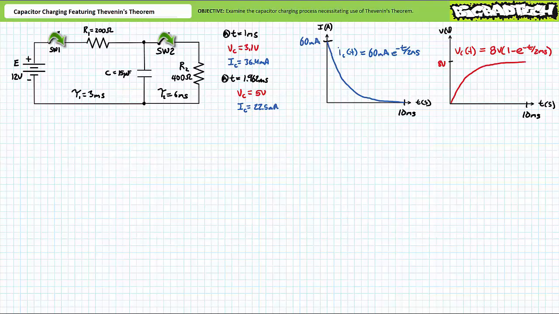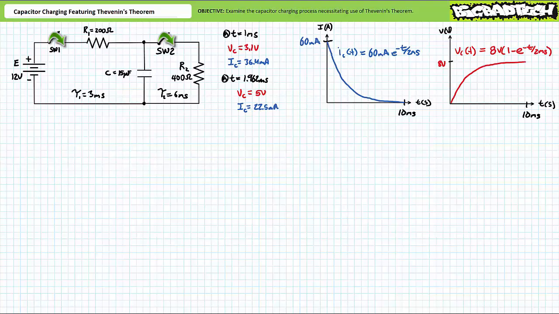Notably, at t equals 0, the capacitor experiences an initial current spike of 60 milliamperes, which drops to 0 by 10 milliseconds, and voltage across the capacitor starts at 0 volts and grows to 8 volts by 10 milliseconds. Additionally, the instantaneous values at t equals 1 millisecond and t equals 1.962 milliseconds also hold true. At t equals 1 millisecond, the instantaneous voltage across the capacitor will be roughly 3.1 volts, and the instantaneous current through the capacitor will be roughly 36.4 milliamperes.